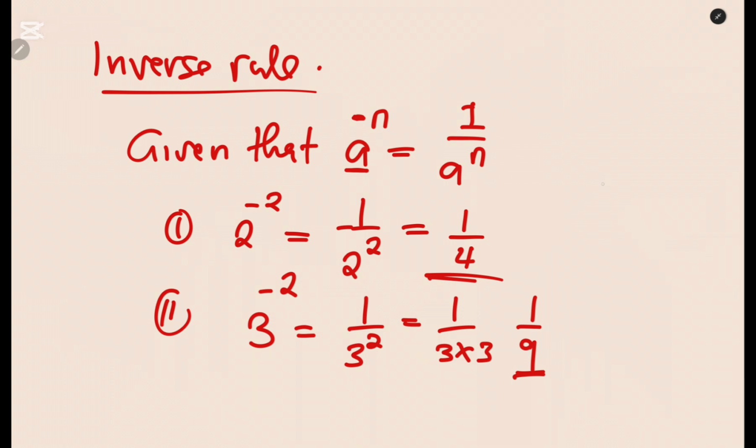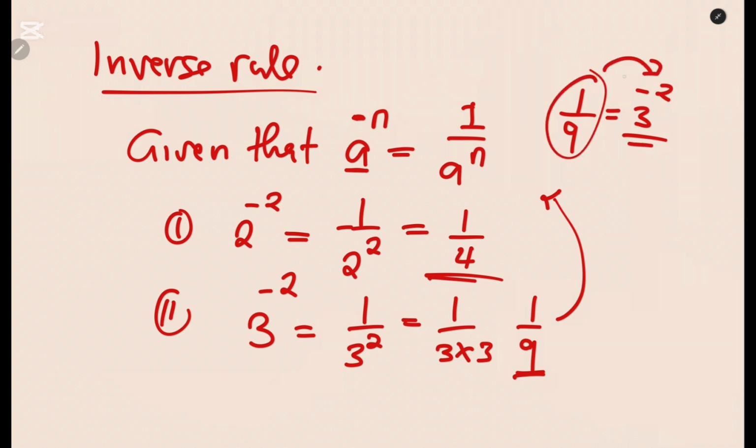Now listen very carefully, which means when you are given a number such as 1 over 9, you can express it to base 3, and of course with a negative 2 on top. So 1 over 9 is just the same as this one. Very important to take note of this as we go on, as we start looking at questions, you are going to see.